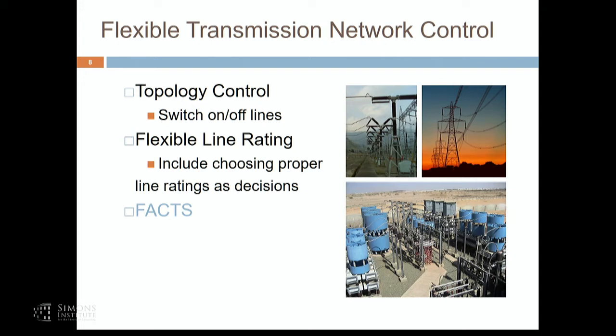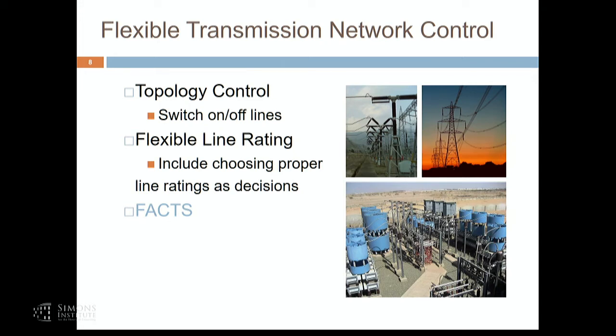So instead of having a fixed constraint, you have more than one limit, and you can control when you're going to enforce the tight constraint, when you are going to enforce the loose constraint, and for how long. That, again, makes the problem more complicated mathematically, but we can do it.